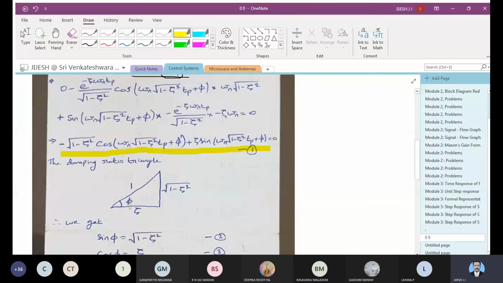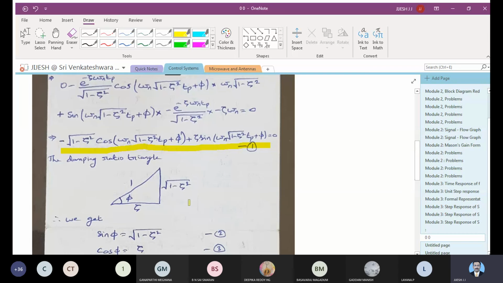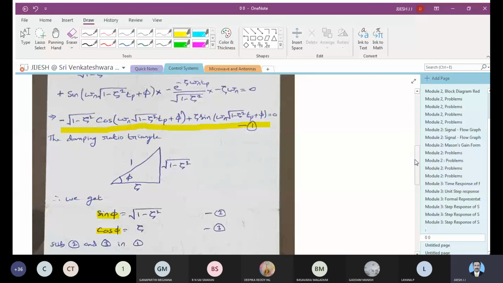You can use this damping ratio triangle. From this triangle you can write sine phi and cos phi. You get sine phi is equal to root of 1 minus zeta square and cos phi is equal to zeta.